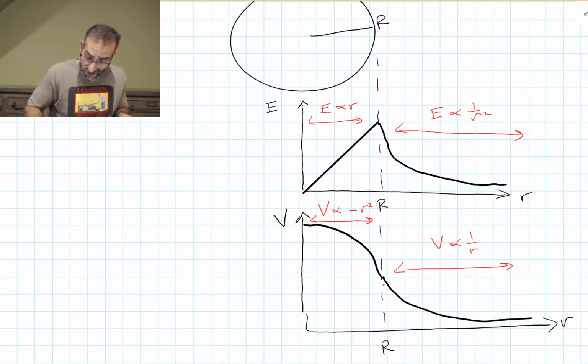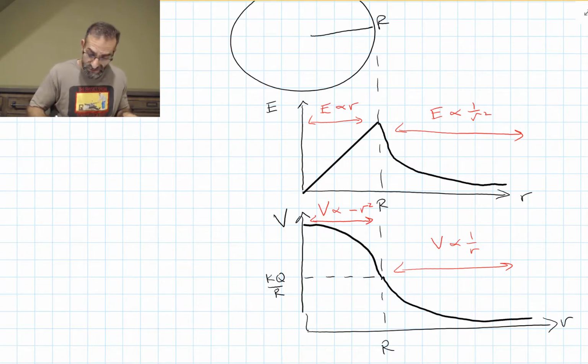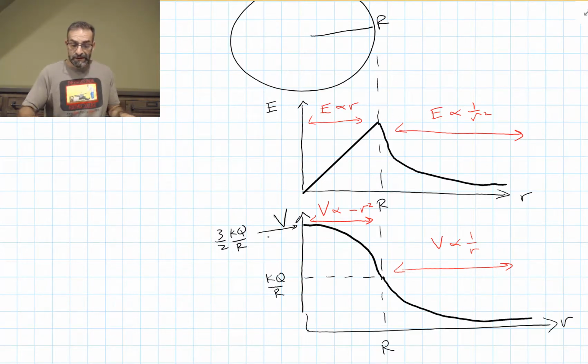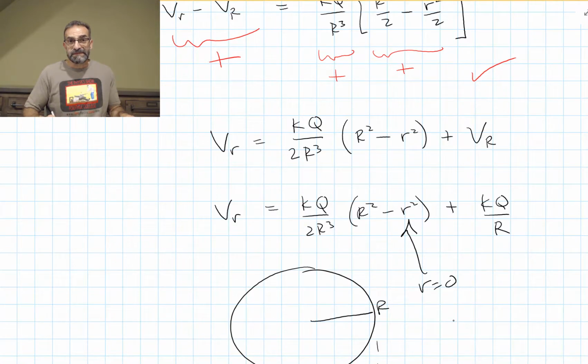What is it at this point, at the surface? The potential is kQ over capital R, the radius of our sphere. And what is it at the center? When we put R equals 0 in there, we get 3/2 kQ over R. Where did I get that? I just put R equals 0 into my equation and solved for it.